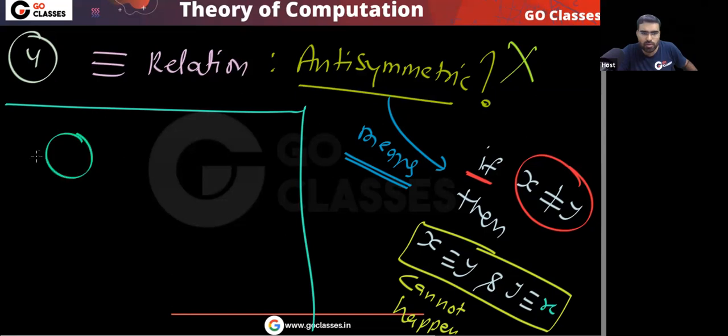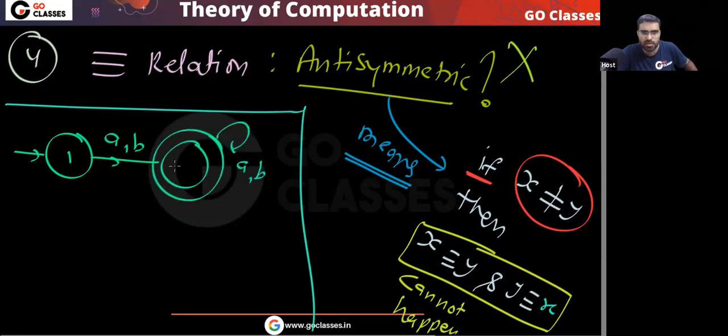For example, maybe you can consider this DFA. State 1 on A comma B, you are going to this state. Let's assume this is the final state, on A comma B. This is your state 2. Can you notice that these two strings, AB comma ABA, are they different? Yes, they are different.